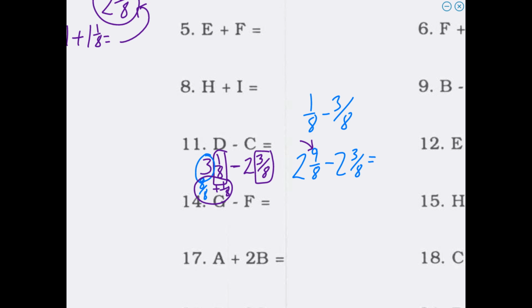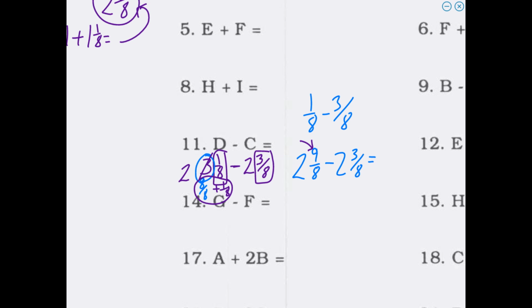So I borrowed one from the 3 to make it a 2, which is where this 8/8 comes from, and I add it to the 1/8. So 8/8 plus 1/8 equals 9/8.